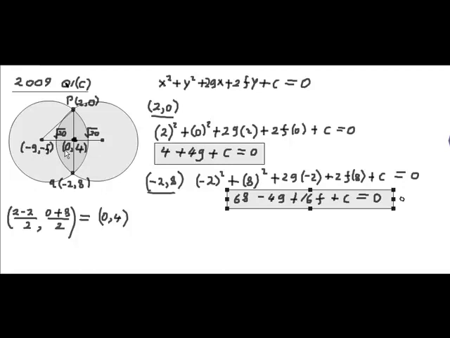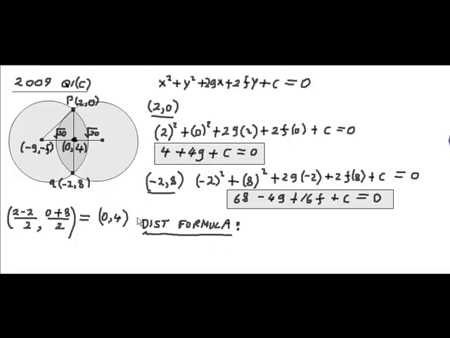So the distance between (0, 4) and (-g, -f) is root 20.